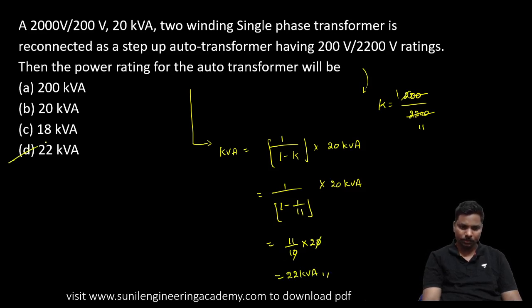So the answer is option D. Okay, you can also get the answer by using the diagram, but the diagram will take more time, so try to go with this method.